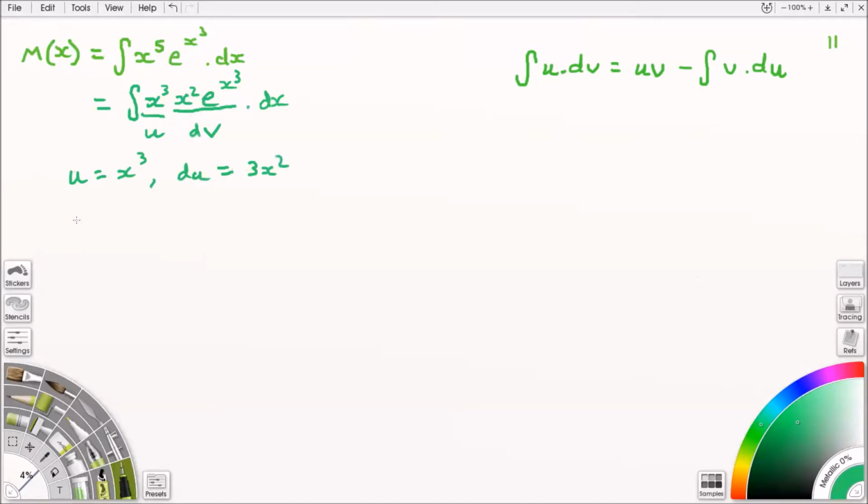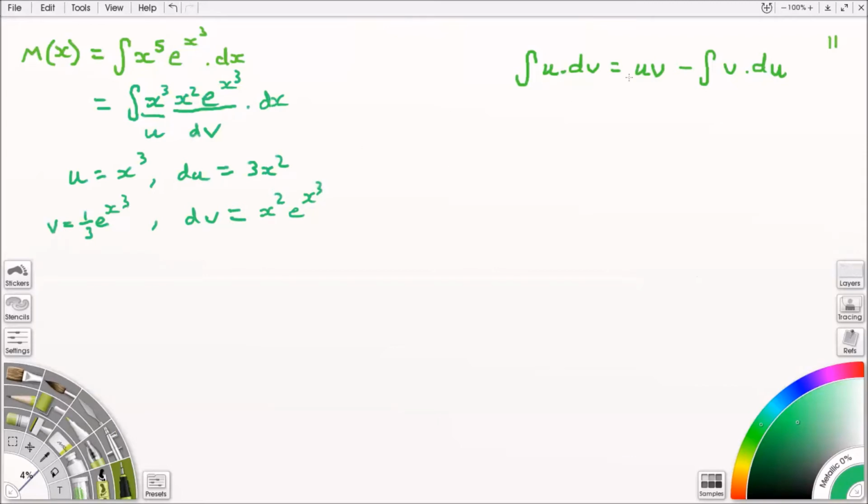If you don't know how to do that, check out my first few videos on the channel. And then dv is x squared times our exponential here. So the integral of this function will give us v, which now turns it into a third of e to the x cubed.